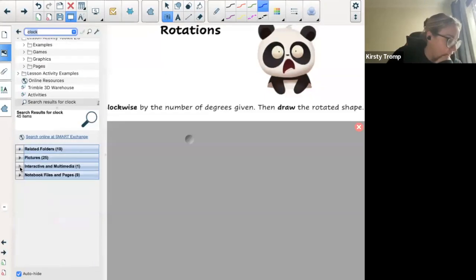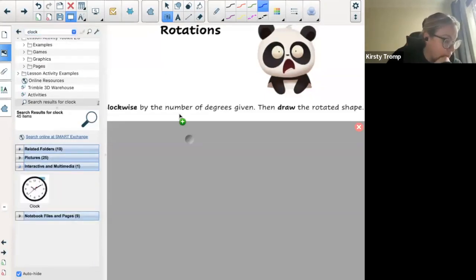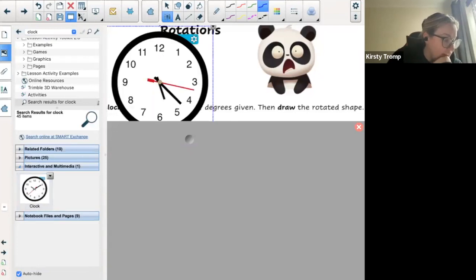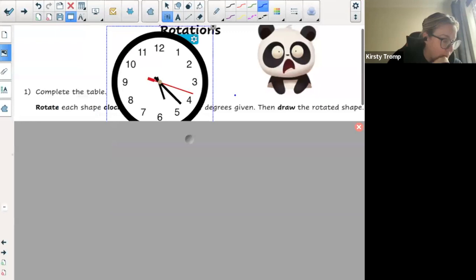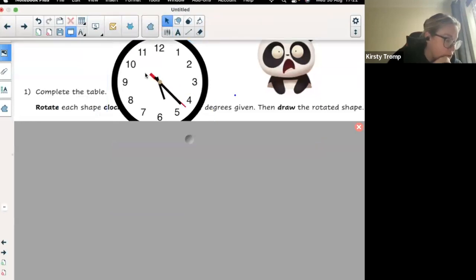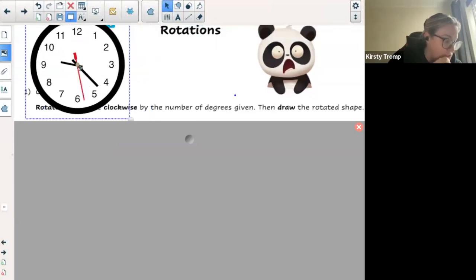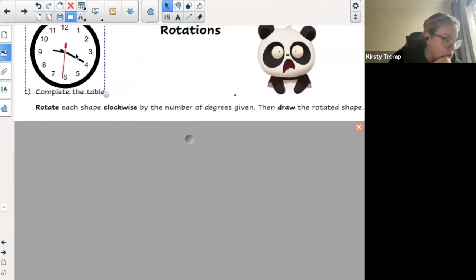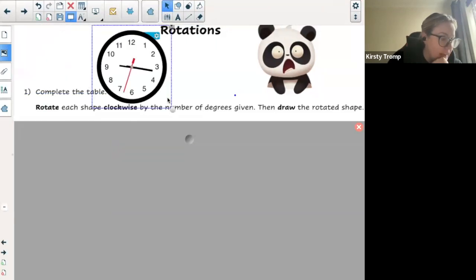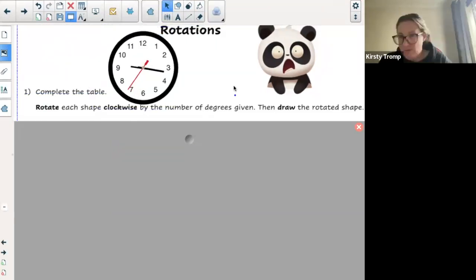Hopefully at your school, in your classrooms, your teacher has a clock on the wall, or you've seen a clock before, or you've got a clock at home. This is what a clock looks like.